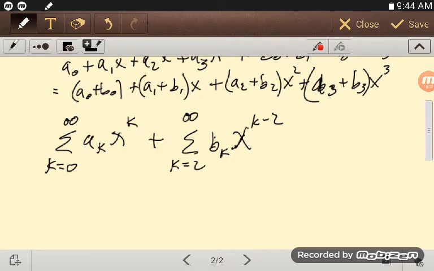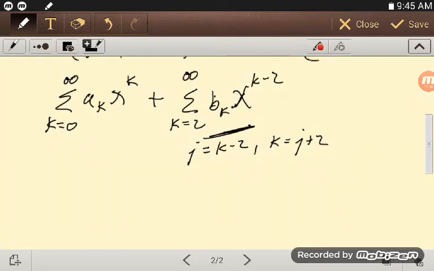So I'm going to change this one to be x to the k. But it'll confuse me if I just call it k, so I'm going to make a substitution here. I'm going to let j be k minus 2. I also find it helpful to solve for k, so k equals j plus 2, because then whatever's easier to sub into, I do that.